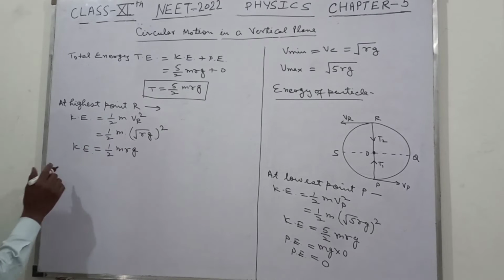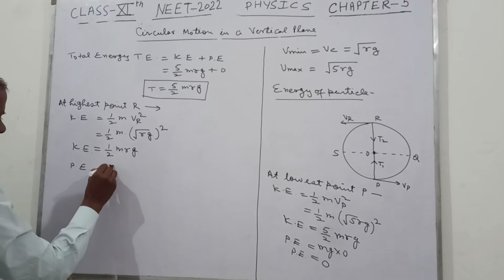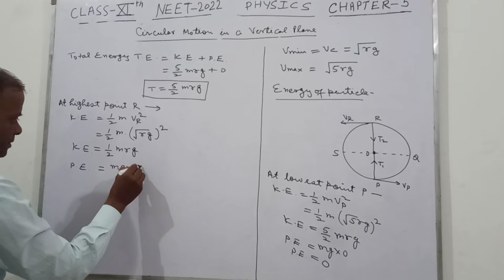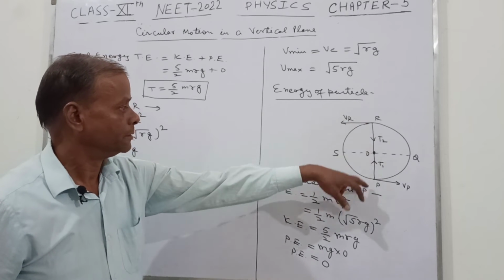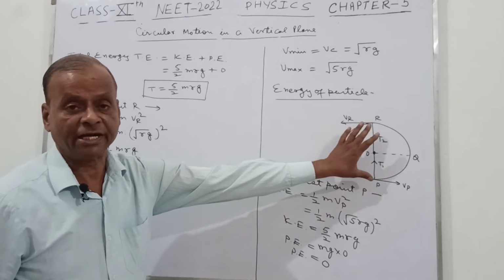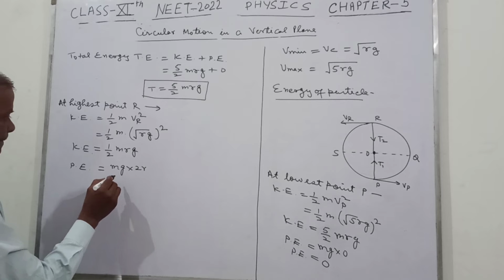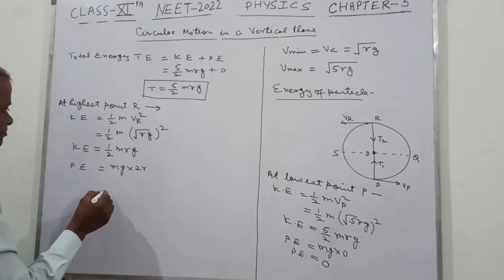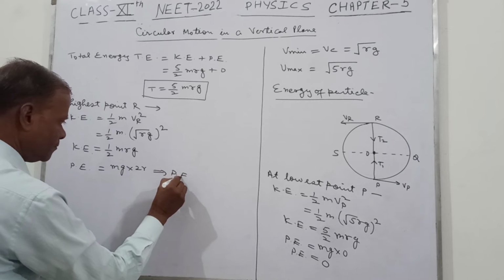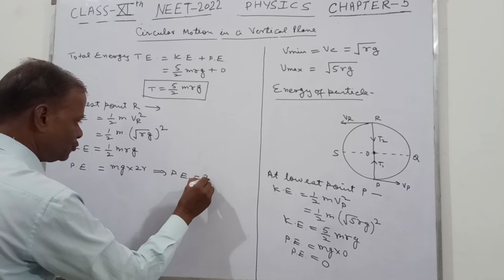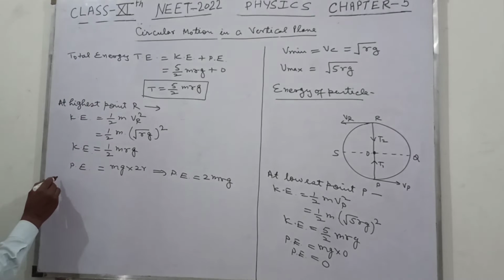Then what about the potential energy? Potential energy is equal to mg, this is now 2r. Now from this to this is 2r, the diameter. So potential energy is equal to 2 mRg. Now total energy is how much?